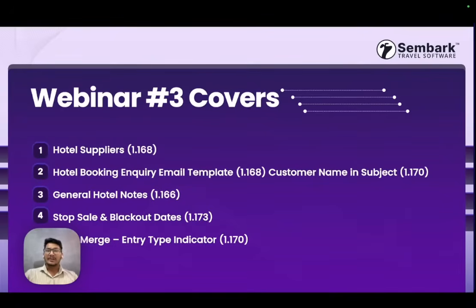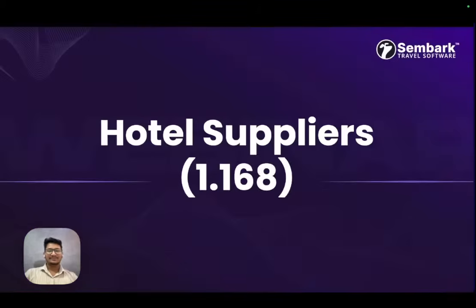And finally, we will cover hotel merge entry type indicator, which makes hotel record management more clear and accurate while merging duplicate entries. For each of these topics, we will first understand the real business use case, what challenges it solves, and then we will move into a quick live demo to see exactly how it works inside the system. So, let's start.